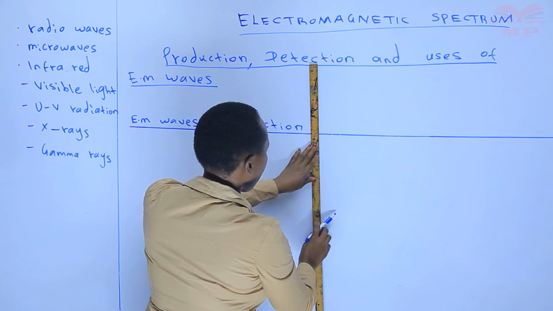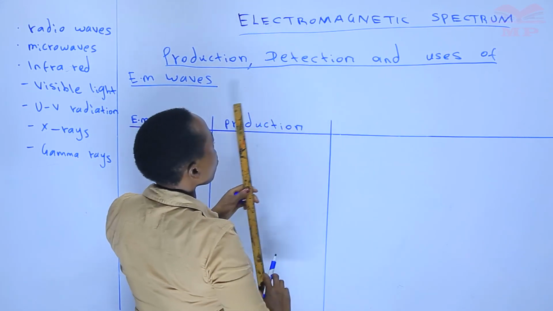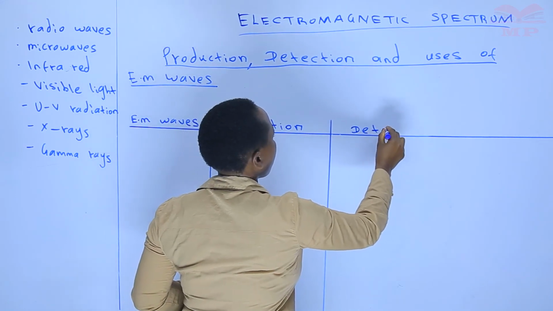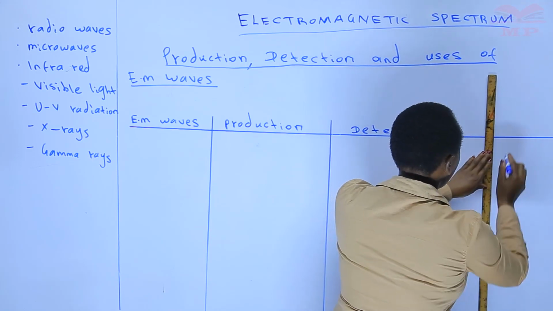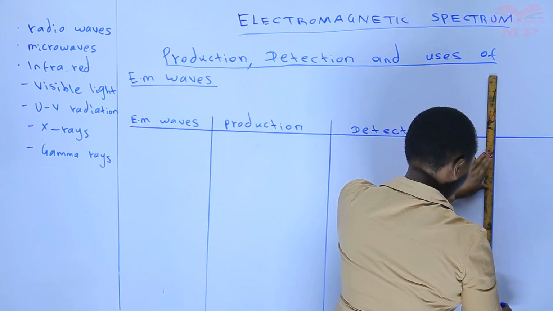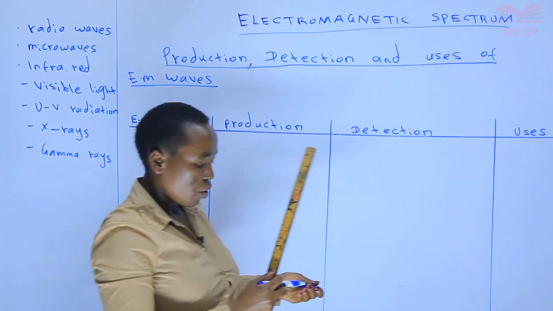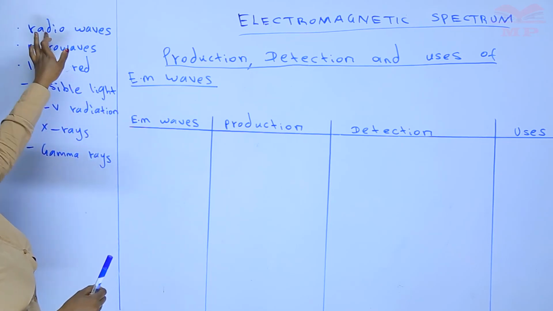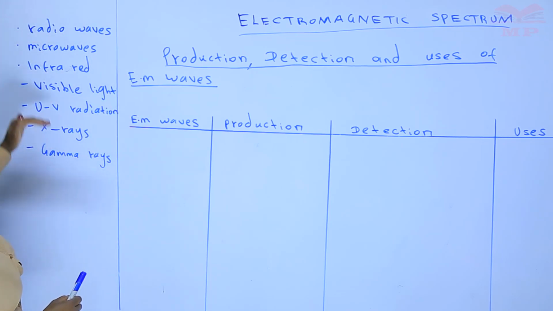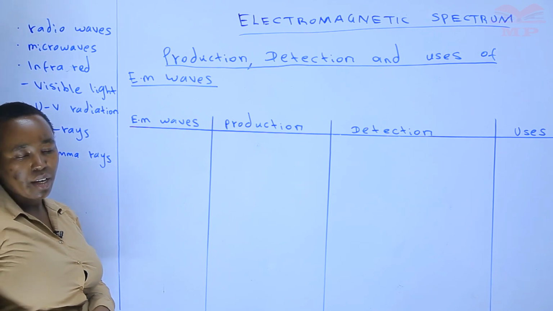Then we'll also look at the detection, how each one of them is detected. And finally, we'll look at the uses. So we'll start with the radio waves. We can start with the one that has the lowest frequency in that order and end with the gamma rays.